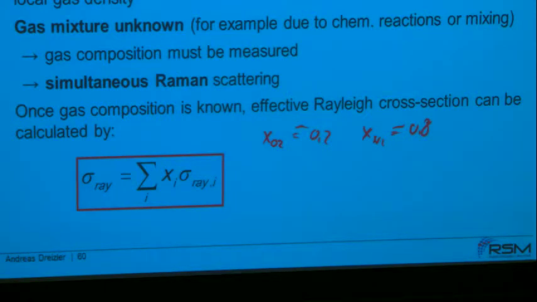And all these main species really contribute to that, and they have partly very different cross-sections. For example, the cross-section for methane, I forgot the exact number, but relative to nitrogen, it's nearly an order of magnitude. It's really different. If you don't know this composition, you will have an unknown quantity, and then you cannot deduce this density.